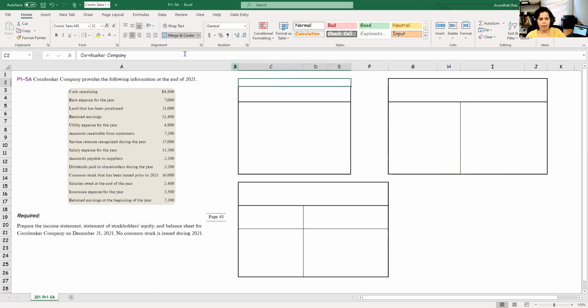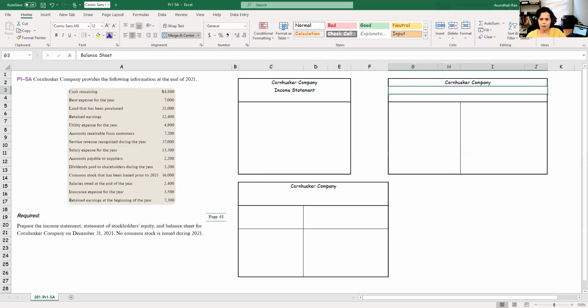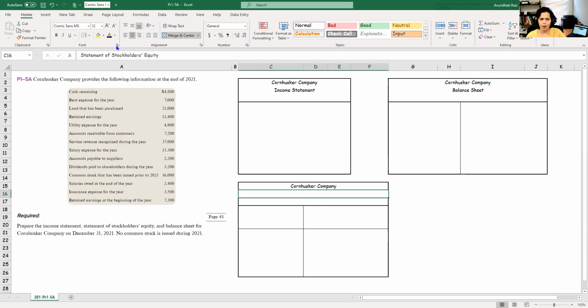So to start with, for every company, you have to identify the name of the document first with the name of the company. So for all three statements, I have the name of the company written out. The next line, you identify what statement it is. So we're going to prepare three different statements: the income statement, statement of owner's equity, and the balance sheet. Now, each of these, they're going to be laid out a little differently, and we have to see what period it pertains to.